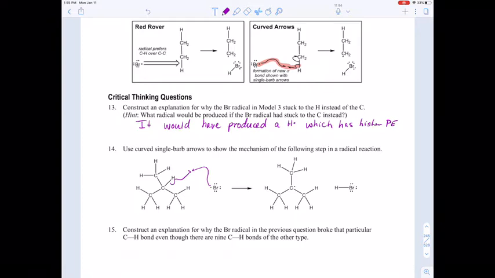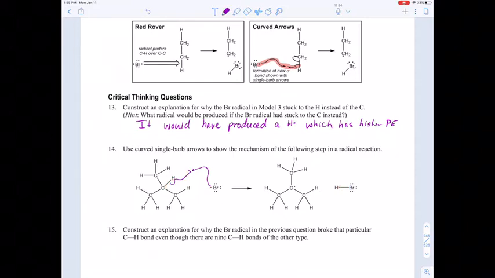Okay, so that bouncing arrow, this one right here, moves one of the electrons to a new bond between hydrogen and bromine right here. So this electron and one of the electrons from here is now located in that bond.